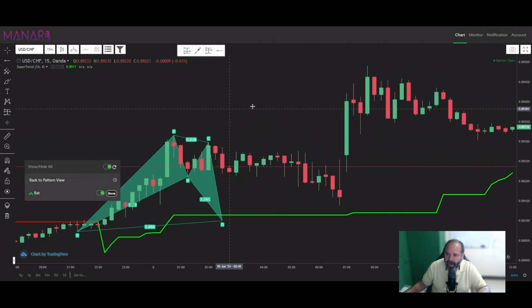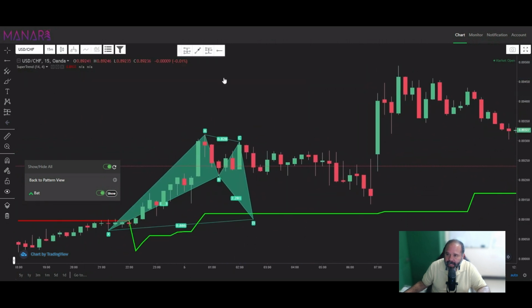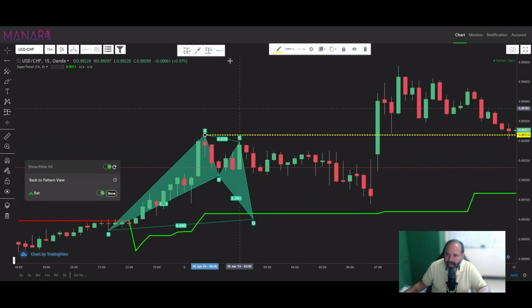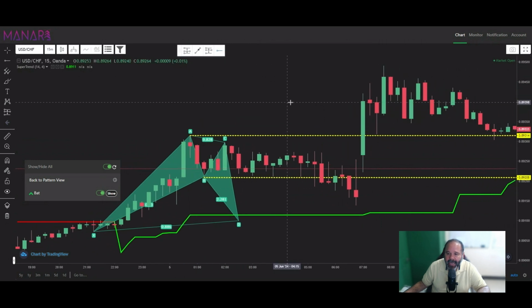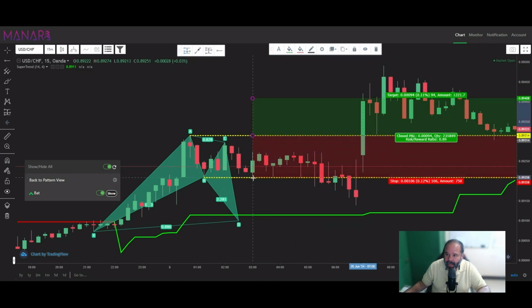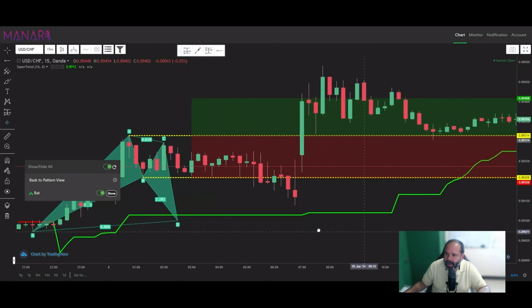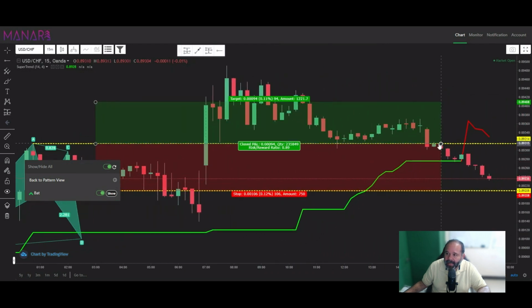So here, for example, we select point A, point B. And because point A and point B are both above the super trend, I know that I'm going to buy. It doesn't matter if the price falls all the way down here, because this is a pending order.